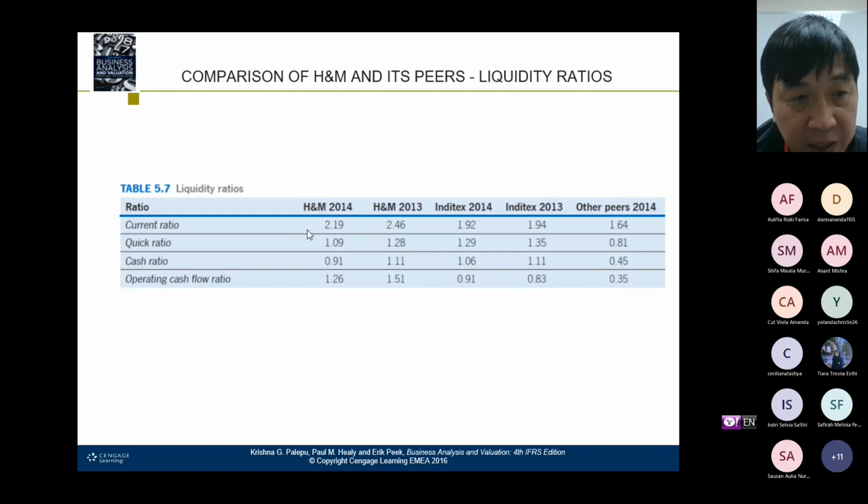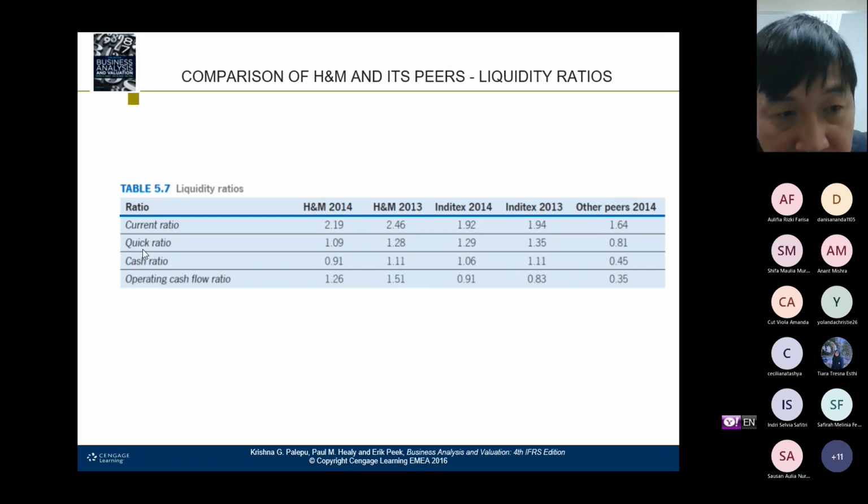Like you can take the current ratio of HMM in 2014 and compare it to the other peers or competitors. In this column, the current ratio is a little bit larger than the index and other peers.